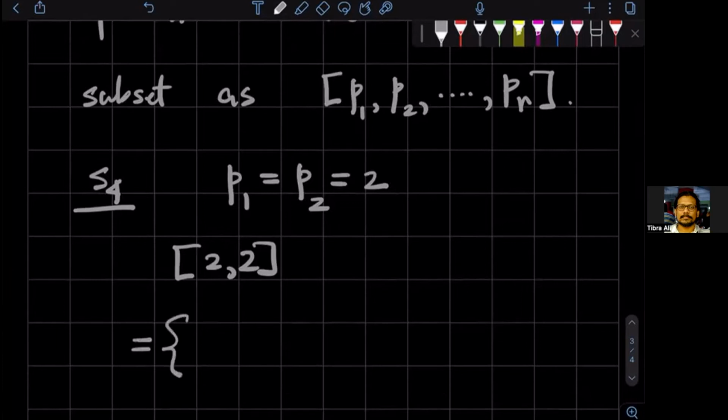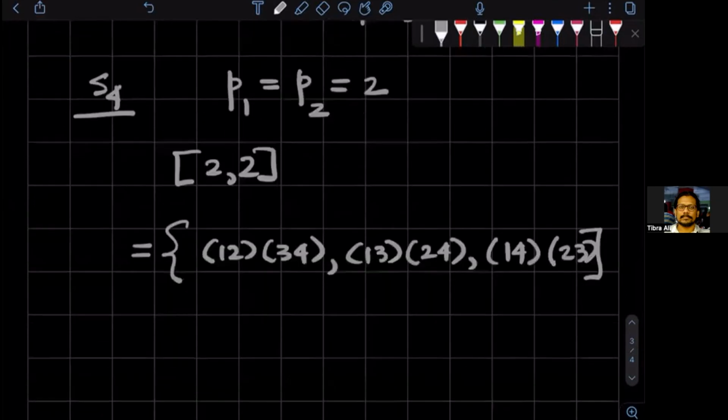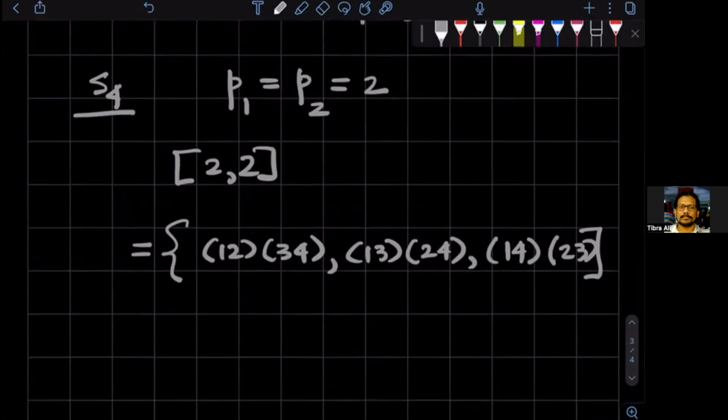Well, we are considering S4, so the elements would be (1 2)(3 4), (1 3)(2 4), and then (1 4)(2 3), right? Do you agree? This would be the subset. So there are 3 elements in the subset.